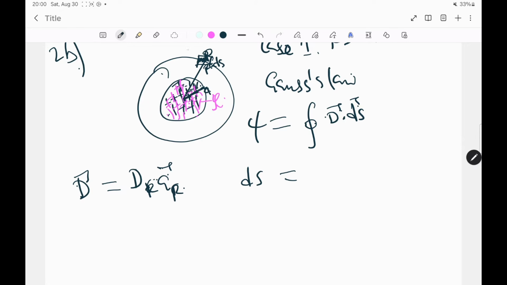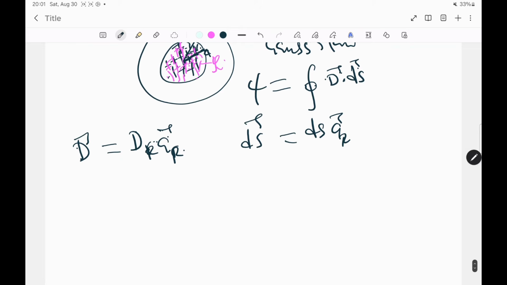That means we look at our surface and the unit vector which is normal to the surface. So the surface vector is equal to the magnitude of the differential surface, meaning a small amount of our surface, times the unit vector normal to the surface, which is the radial unit vector in the direction of increasing radius.